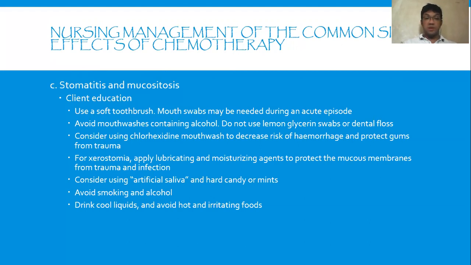Consider using chlorhexidine mouthwash to decrease the risk of hemorrhage and protect gums from trauma as well. So chlorhexidine is more appropriate as mouthwash than those containing alcohol. For xerostomia, apply lubricating and moisturizing agents to protect the mucous membranes from trauma and infection.